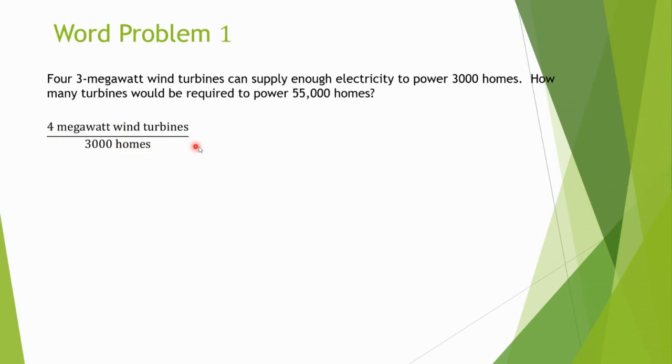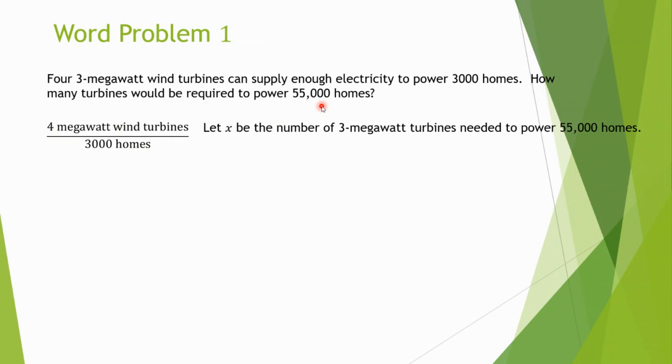The other rate we have involves 55,000. Now, we don't know how many turbines are going to do that, and that's what we're looking for. We're looking for how many turbines would be required to power 55,000 homes. So I just wrote let X be that number. Then this is the other rate we get.